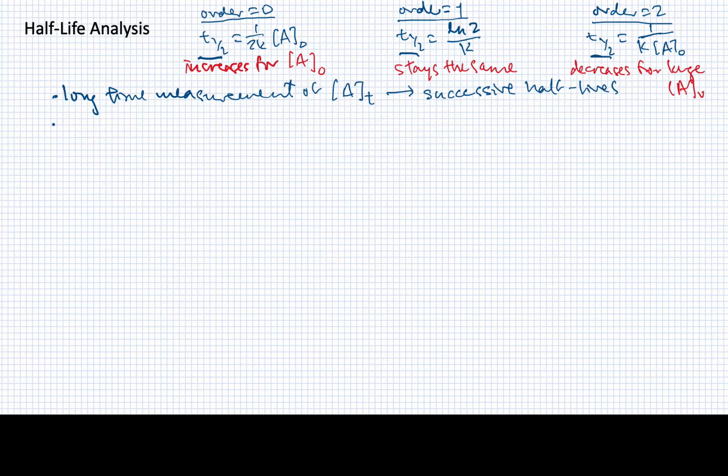Another way we could do this, though, is if we want to look at shorter time data, so a short time measurement. We would do this maybe for several different trials, each of which has a different initial concentration.